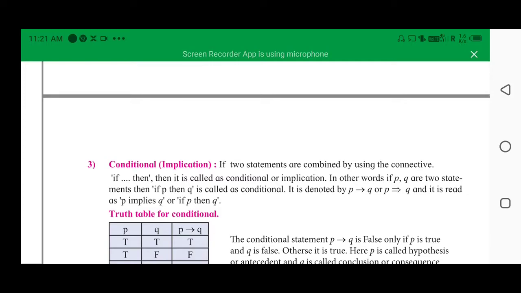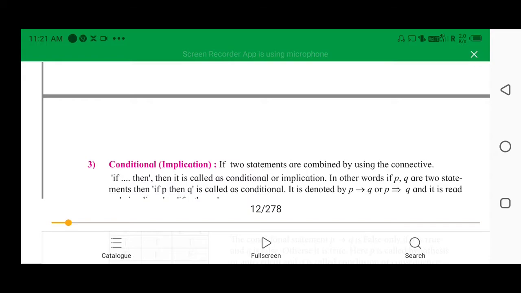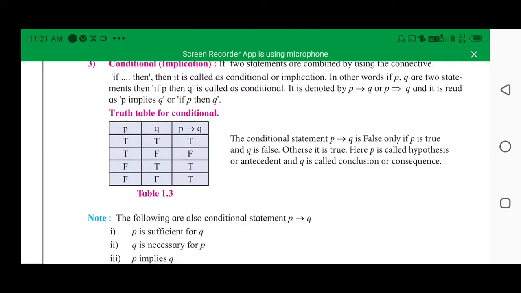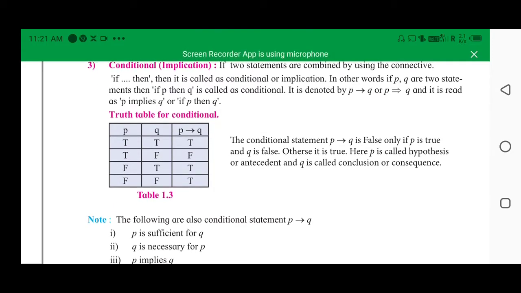It is denoted by P implies Q, and read as P implies Q, if P then Q. The conditional statement is false only if P is true and Q is false. If the first statement is true and the second is false, then the whole statement is false, otherwise it is true. So we have to remember the second row, T F is F, otherwise it is true.